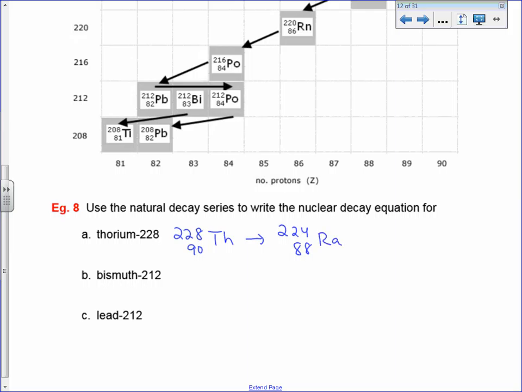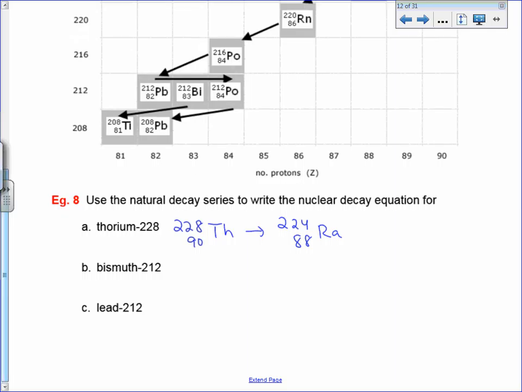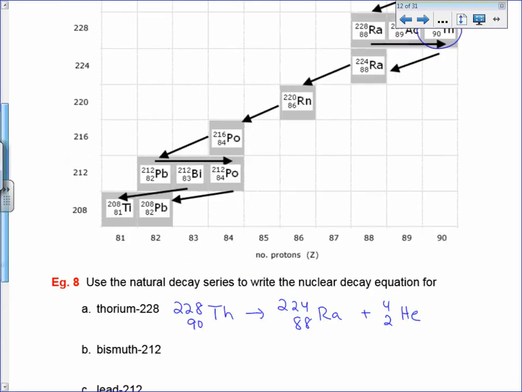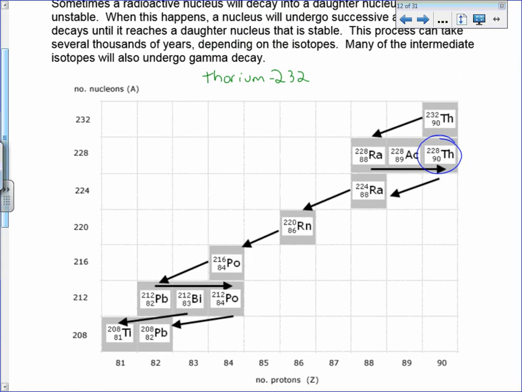We need to figure out what type of decay that was. That's obviously alpha decay, right? Because A is going down by 4 and Z is going down by 2. So this is 4, 2, He for alpha. That's all figuring out which decay it is. You can also get that from the chart, because if you look up here, thorium-228 goes down by 4 for A and down by 2 for Z.